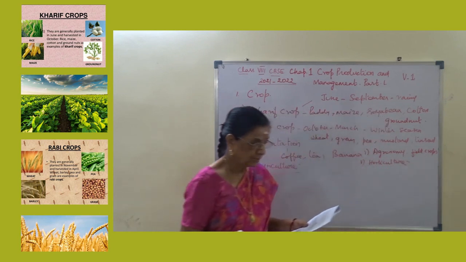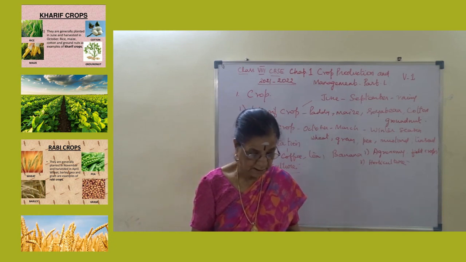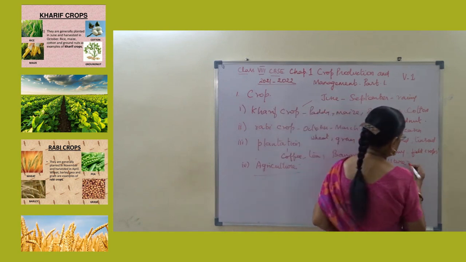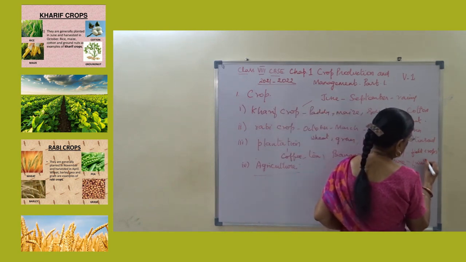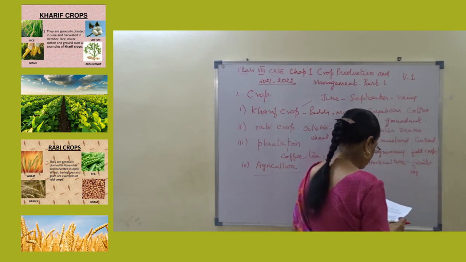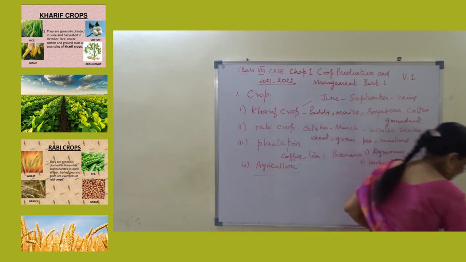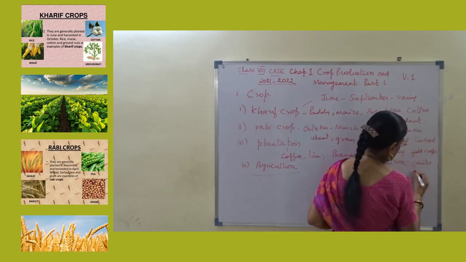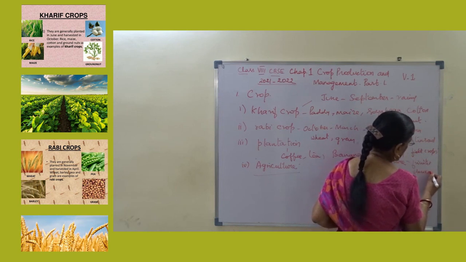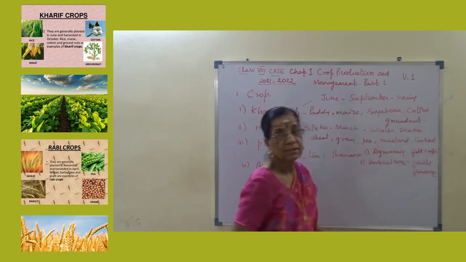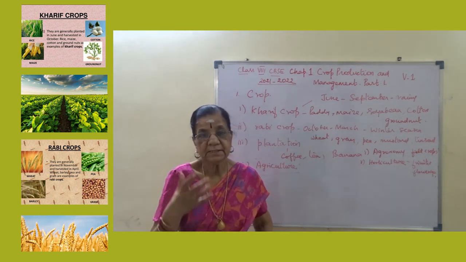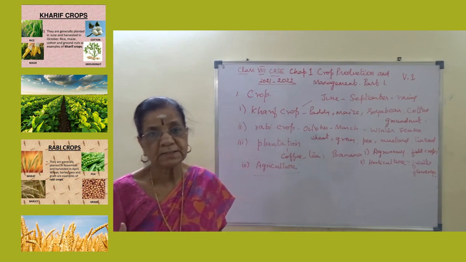Horticulture, what do you know? It is the branch of agriculture dealing with growing of fruits and vegetables, and flowering. This is horticulture. I hope you understand. So agriculture has different subdivisions.